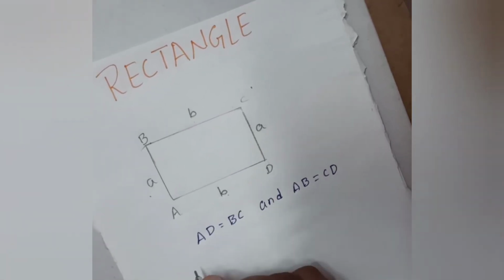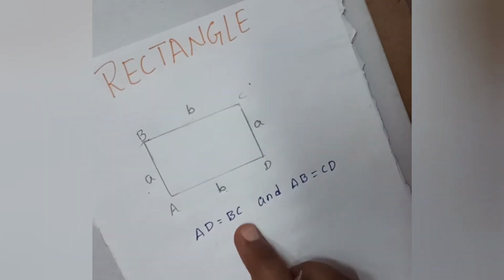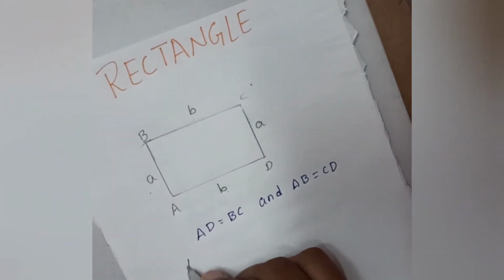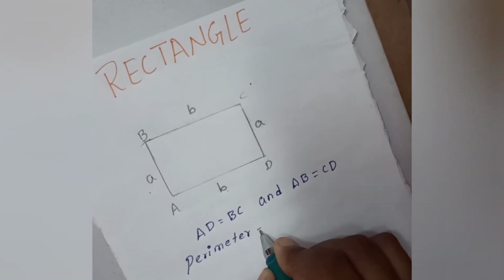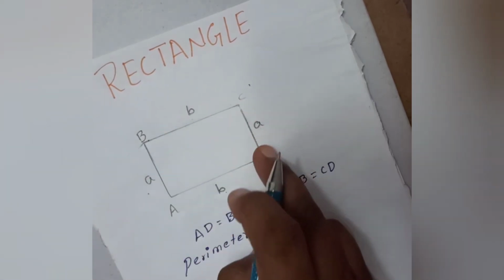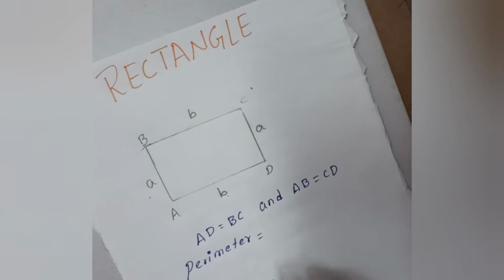How do we calculate the perimeter of the rectangle? If it is any shape, if we want to calculate the perimeter, we should combine all the sides of that shape. Here, combine all the sides.